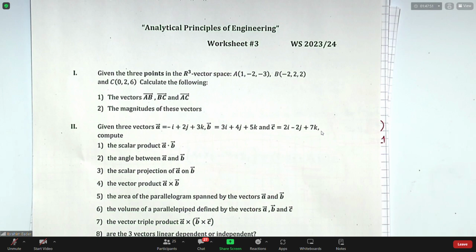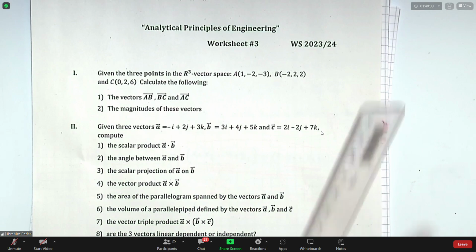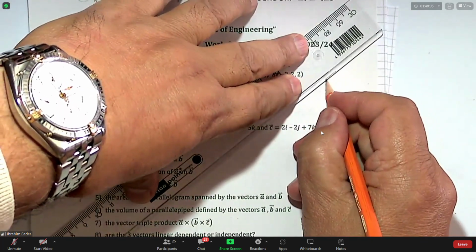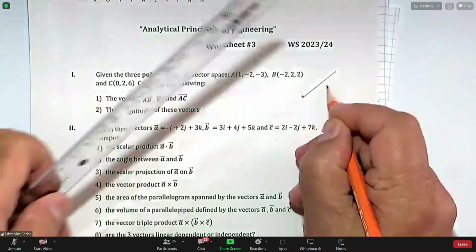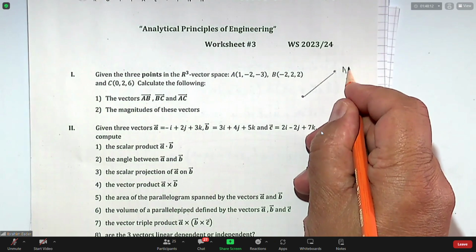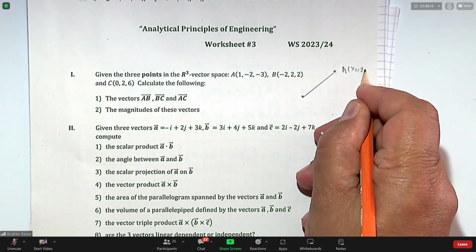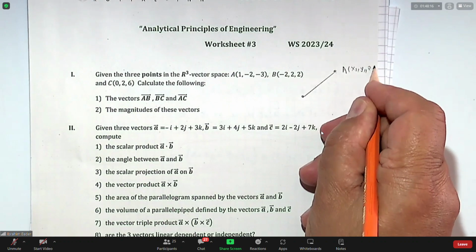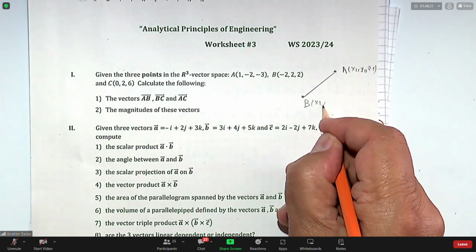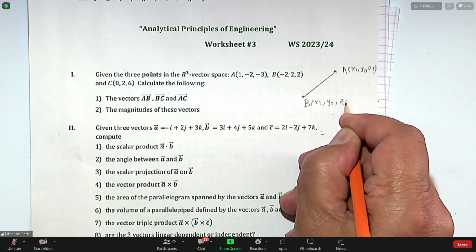To evaluate the vector. Let me just show you something here. These 2 points connecting, so 2 coordinates. This is P1, let's say, or A, with coordinates X1, Y1, Z1, and this is B with X2, Y2, and Z2 coordinates, let's assume.